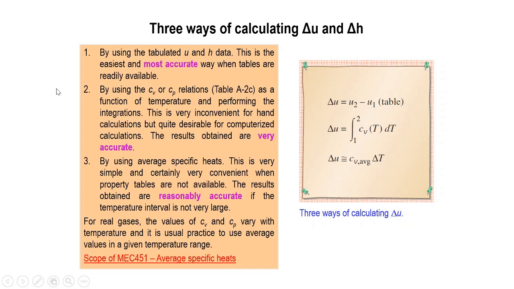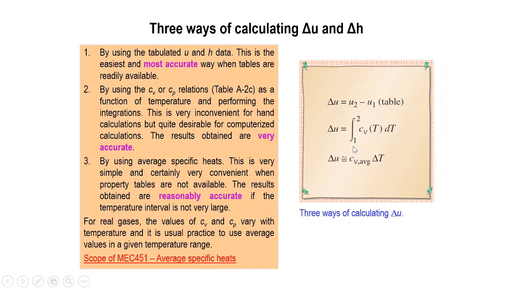Also, we can use the Cv and Cp relation in appendix table A to C as a function of temperature and perform the integration. This is very inconvenient for hand calculation, but quite desirable for computerized calculation when you do a numerical analysis. So the results obtained are very accurate.